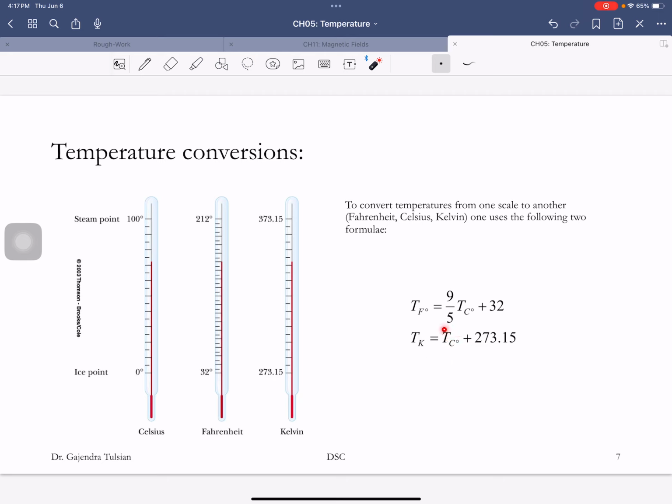So 20 degrees Celsius is 20 plus 273, 293 degrees Kelvin. For Fahrenheit, 20 divided by 5 is 4, 9 times 4 is 36, 36 plus 32 is 68. So 20 degrees Celsius is equal to 68 degrees Fahrenheit. Anyway, these two formulas allow you to convert from one scale to another.